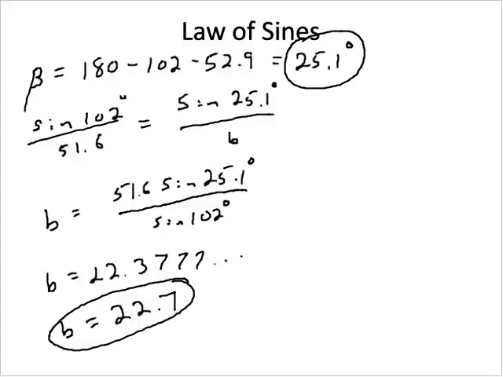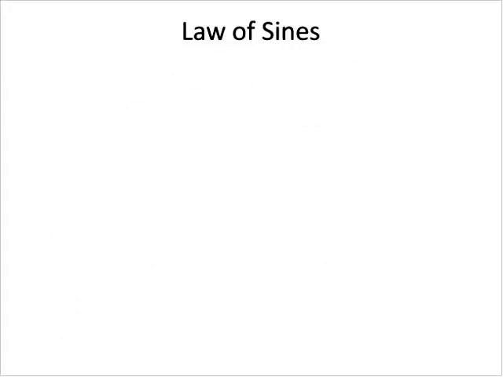Okay. Now, some of you are going to be saying, well, how do I know that that's the only solution? How do I know that there's just one solution? Well, we have to go back and remember, when I solve for alpha, I've got 52.9 degrees. Now, the problem is that when we use our calculator to find the inverse, it gives us what's known as the reference angle, right?